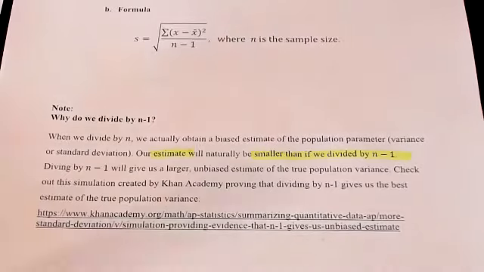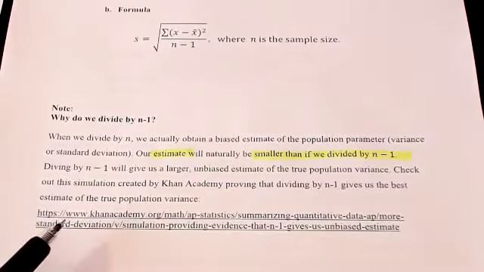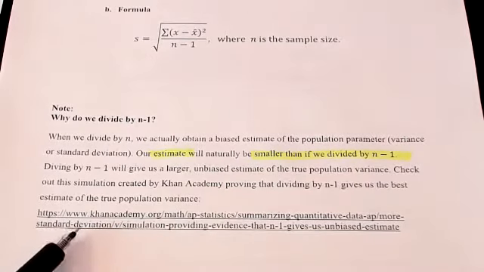When you get a chance, I mean, I'm pretty nerdy, so I like this kind of stuff. If you are nerdy as well, or you're just very intrigued about why n minus 1, go ahead and open your PDF in Lumen, and then you can click this link. You can click it from right inside Lumen, and that'll open up that page where it describes why we divide by n minus 1. It gives you a nice visual that shows it's a better estimate of the true population variance.